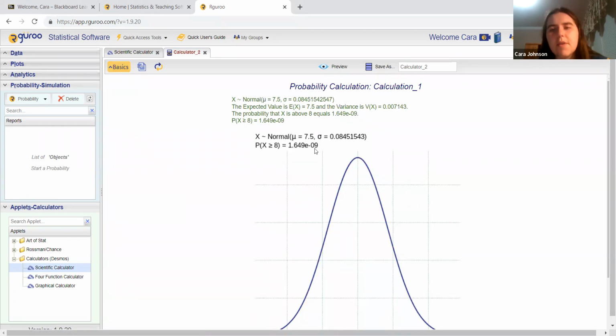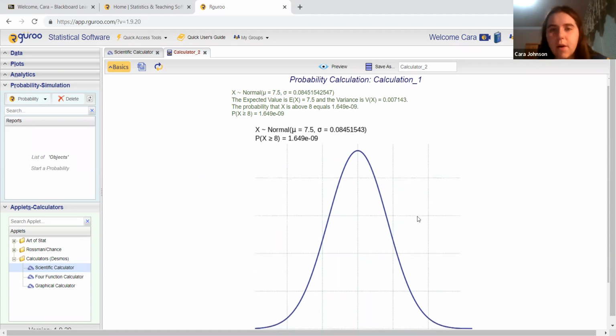Remember, that means times 10 to the negative 9. So it's going to be 0.000, 8 zeros, and then the 1649. That's what happens when you move the decimal 9 places to the left. Basically, when you see this e to the whatever, it means 0 in essence.